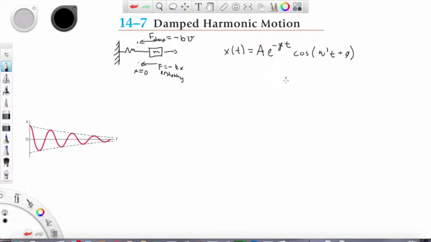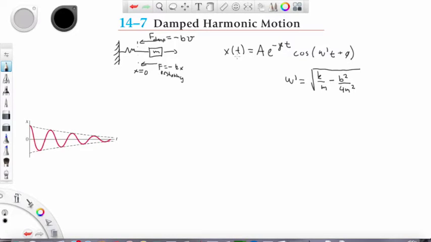The omega prime is the new angular frequency. In the non-damped case, it was square root of k over m, but in this case, the damping will change the angular frequency and the oscillation frequency by term b squared over 4m squared.